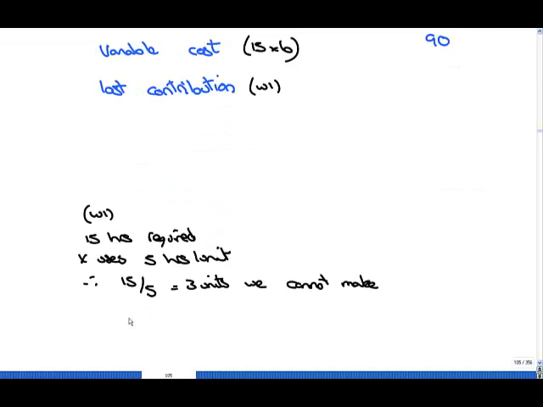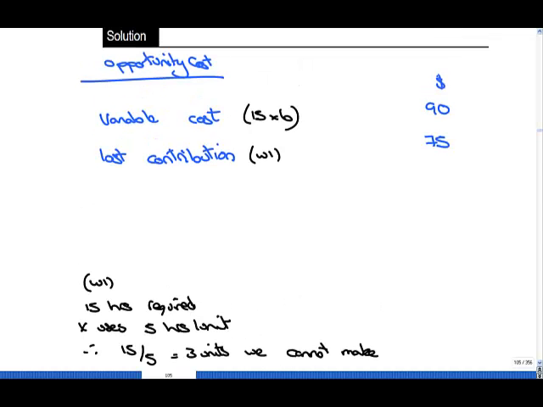So 3 at 25 is therefore $75. So we put that into the calculation up here, and we can see that the relevant cost of our labour is $165.